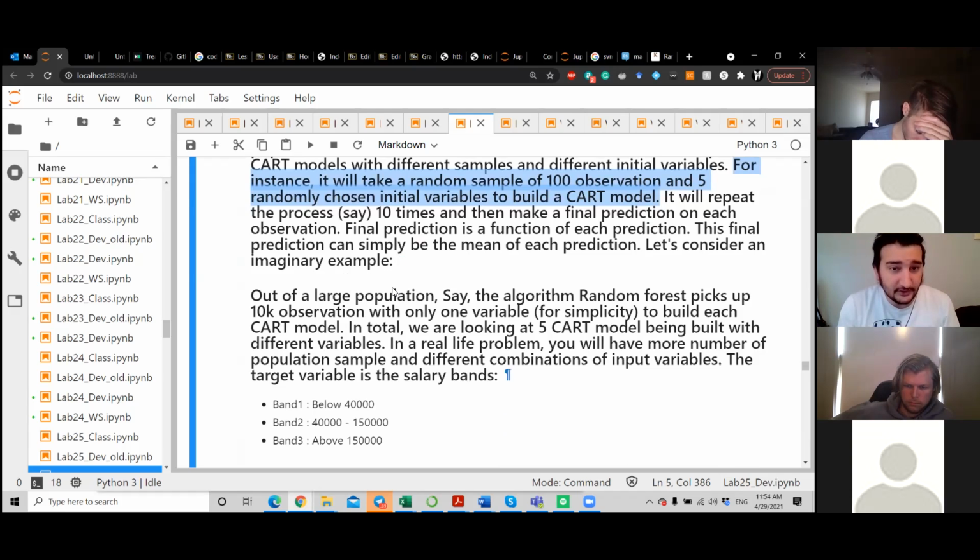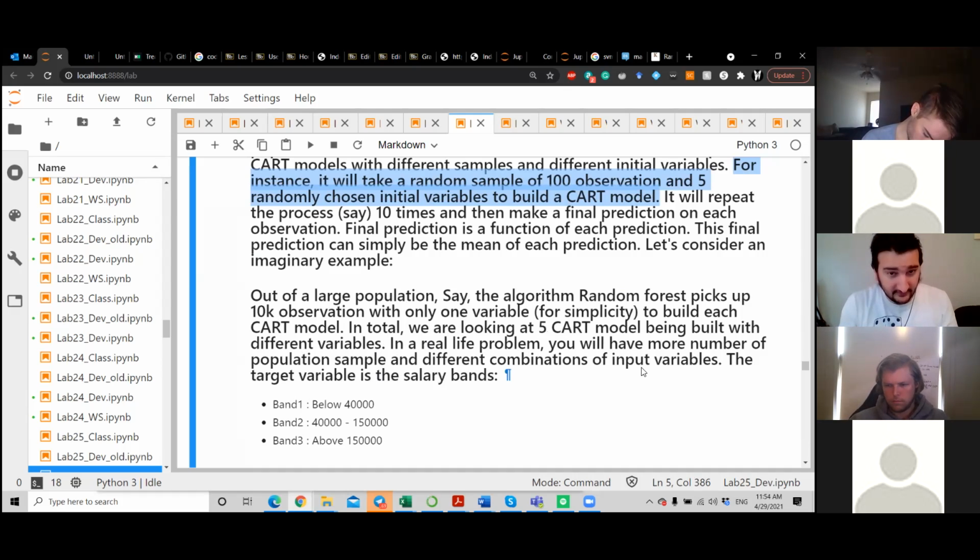Out of a large population, say the algorithm random forest picks up 10,000 observations with only 1 variable, for simplicity, to build each CART model. In total, we are looking at 5 CART models or 5 trees being built with different variables. In a real-life problem, you will have more population samples and different combinations of input variables.